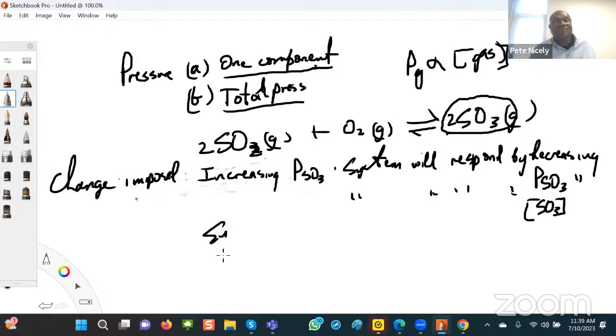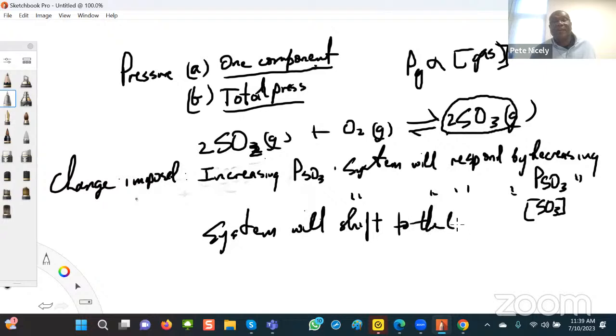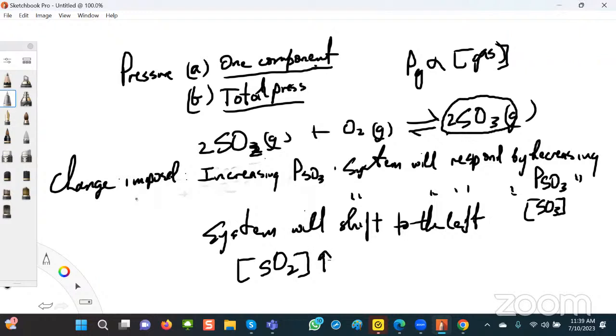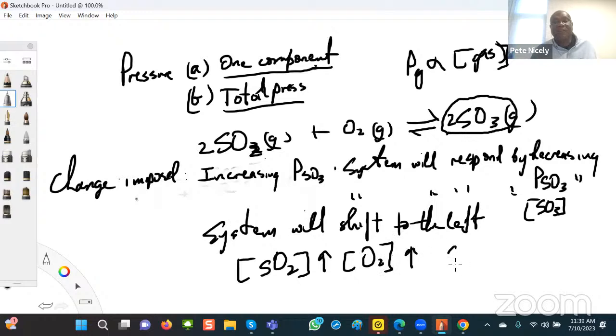So therefore, the system will shift to the left, right? So if it shifts to the left, what happens to the concentration of SO2? Increase. Exactly. The concentration of O2 will? Increase. And the concentration of SO3 will? Go down. Exactly.